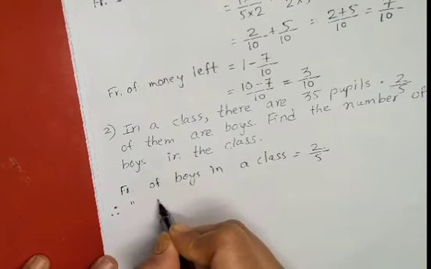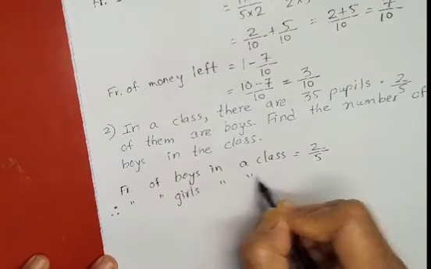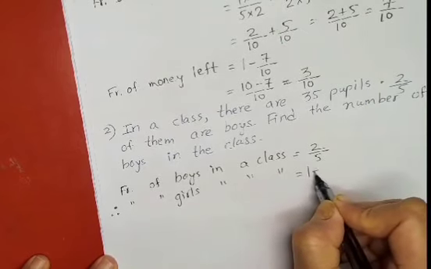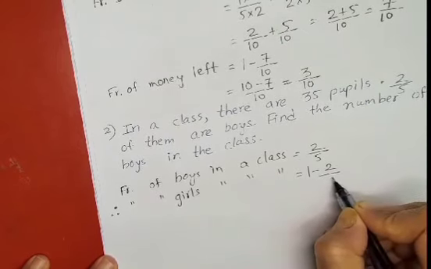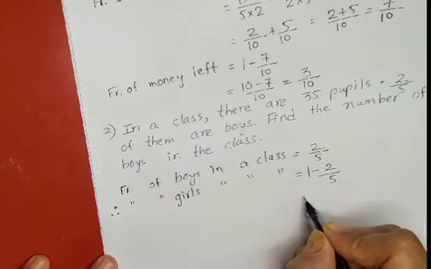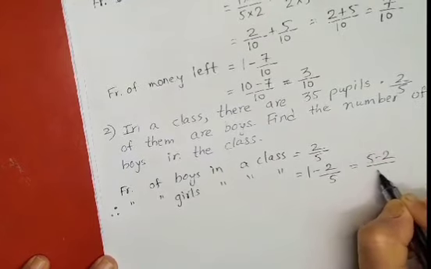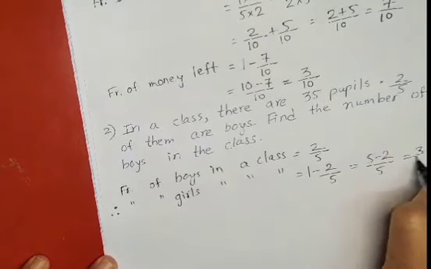Therefore the fraction of girls in the class will be 1 minus 2 over 5, which will be 3 over 5.